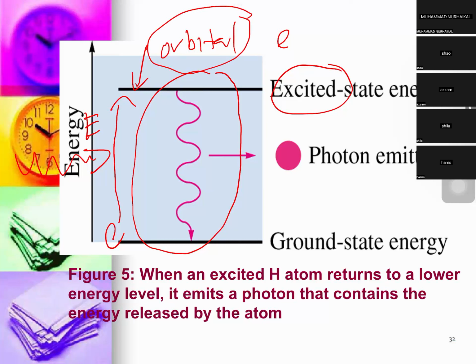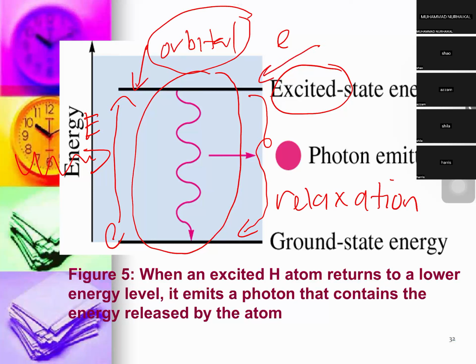Then the electron cannot stay there. It has to go down, what we call the relaxation process. Because of the higher energy, it is not stable, so it has to undergo relaxation. And of course, this is the word Azam mentioned just now, photon emission.